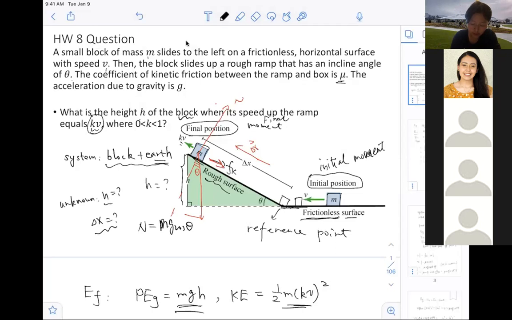Sine of theta is h over delta x, the opposite side over the hypotenuse, which means my delta x is h divided by sine theta.